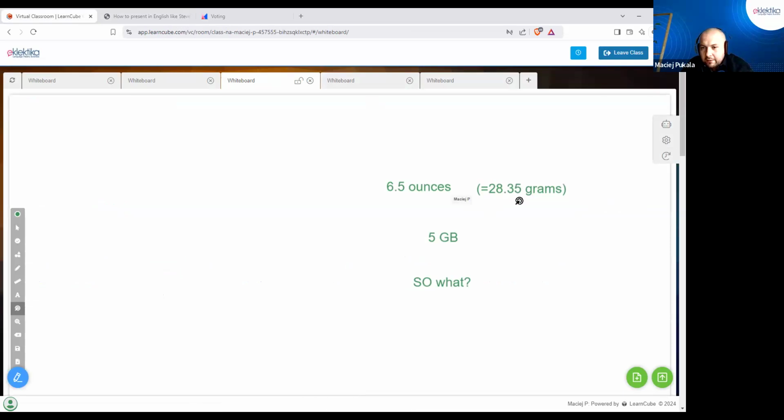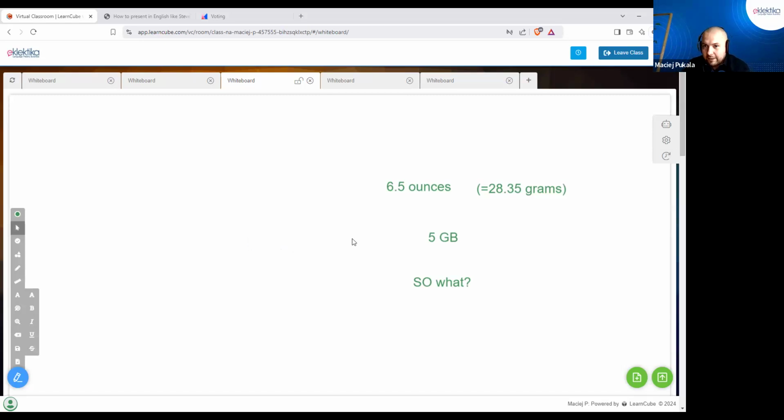This is how much it weighed. This is how much capacity it had, but it was 2001, okay? Imagine it was a time when the economy in the United States was not good. The recession, yeah. So how are you going to have people spend 300 or 400 bucks on a device?